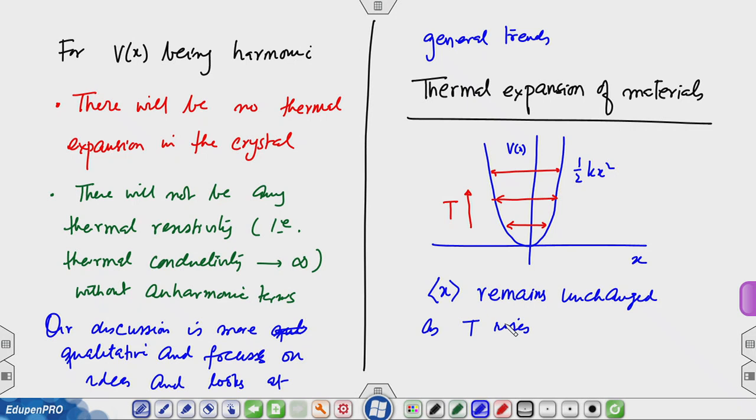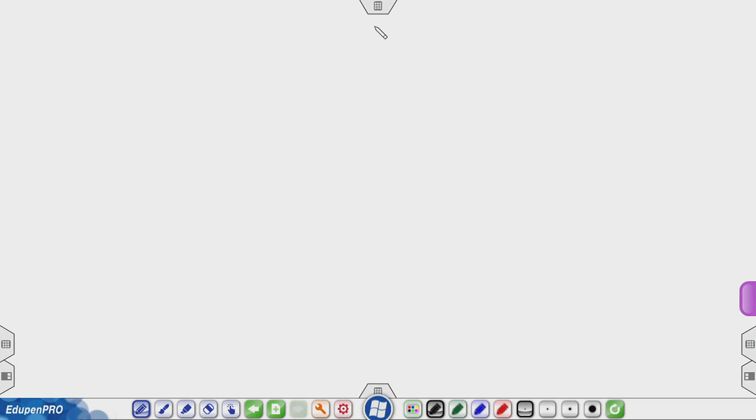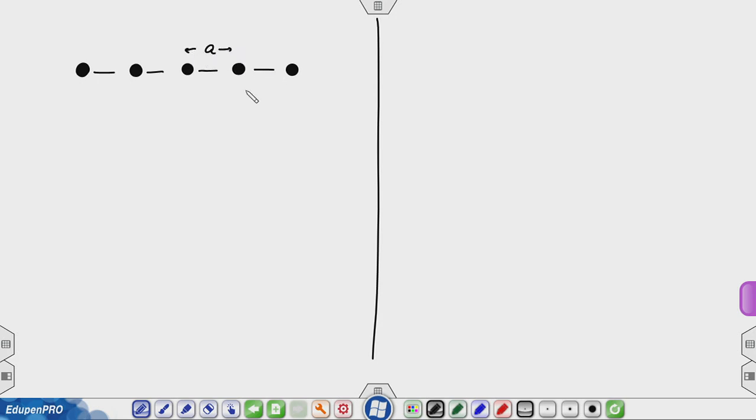Now, how do I take it to a lattice? As in a crystal, we have these atoms connected and have some equilibrium distance A. So, this x is representing the change in A. So, what we are saying is that if with respect to x the interatomic potential is harmonic, then there is no expansion.